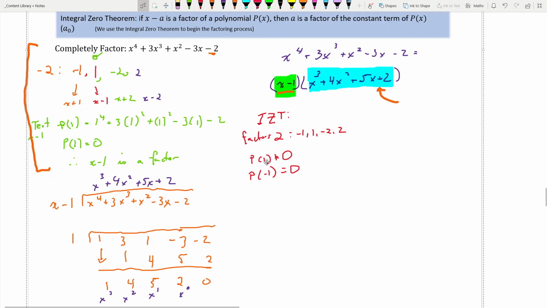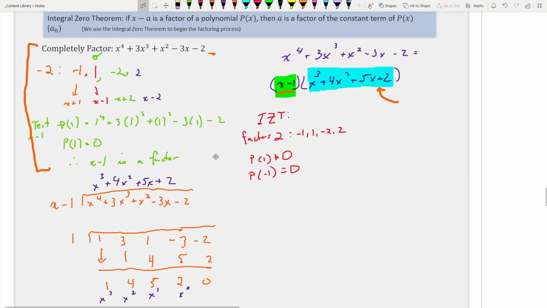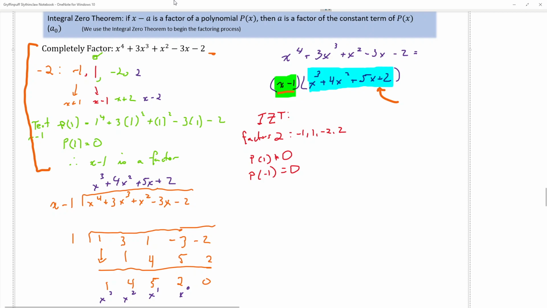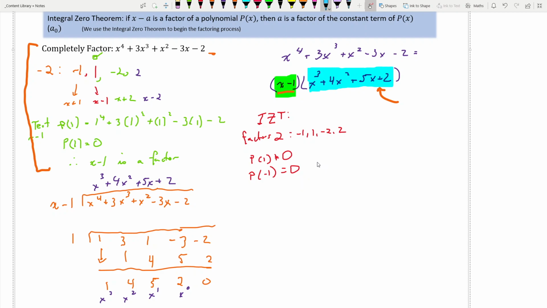So I notice that the P of 1 does not equal 0. So therefore, it has a remainder. So the P of 1 is not equal to 0, so I can conclude that x minus 1 is not a factor. However, the P of negative 1 is equal to 0. So what does this mean?